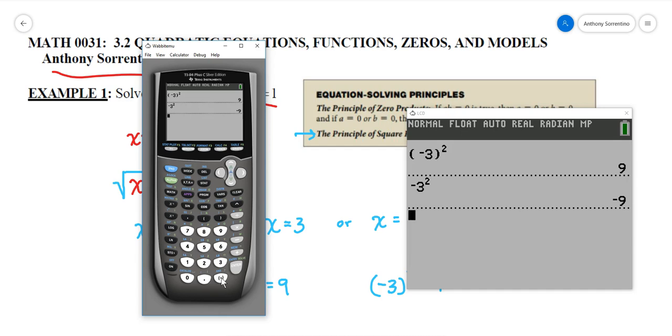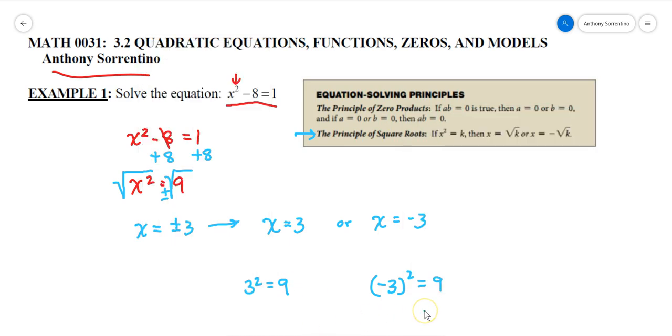Because this second one, if I wrote it like that, is interpreted as negative 1 times 3 squared. And according to the order of operations, squaring gets done before multiplying. So the calculator does that. The calculator always obeys the order of operations. So if you're entering it in this way, that's the answer you're going to get. This is not negative 3 squared.